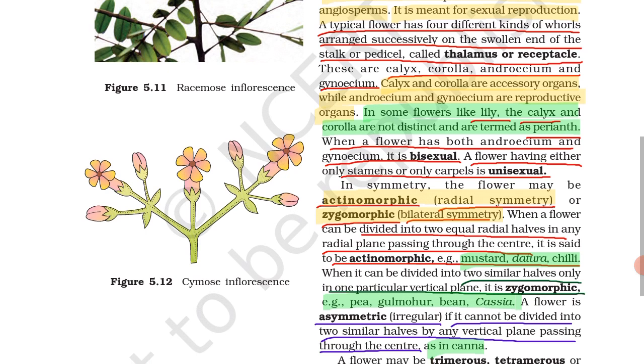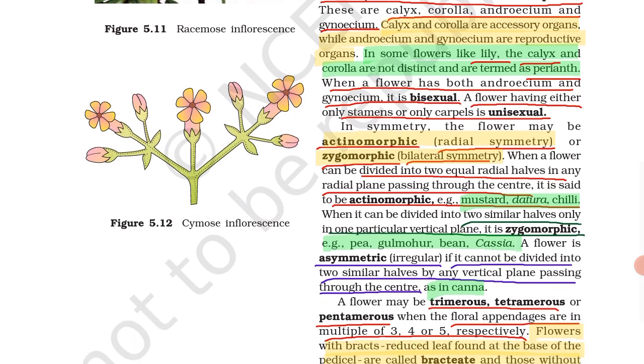So we have studied three types of symmetry: actinomorphic, zygomorphic and asymmetric. The examples of actinomorphic are mustard, chili and dhatura, zygomorphic are pea, bean and cassia, and asymmetric is canna.